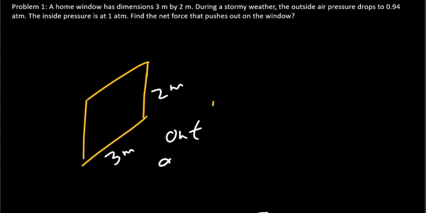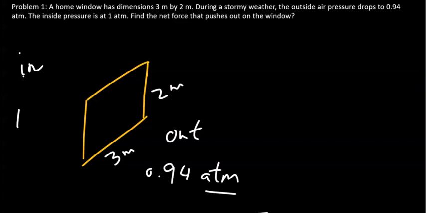So the pressure there is 0.94 ATM. Remember, ATM is not the SI unit, but we can convert that to Pascal if we have to. And the inside pressure, so this is inside, the pressure is 1 ATM. It is just the atmospheric pressure. Find the net force that pushes out on the window.